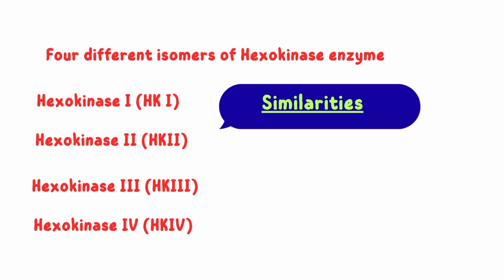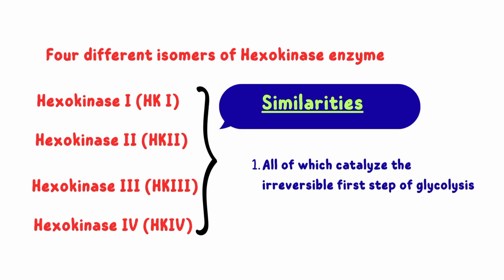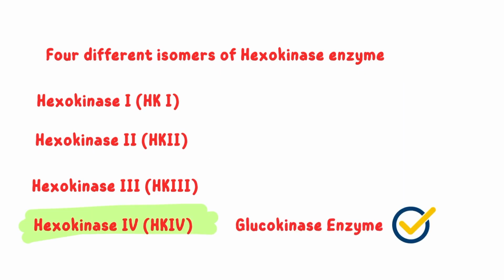The similarity of all these 4 isomers is that all of them help in catalyzing the irreversible first step of glycolysis. All of them are involved in the phosphorylation of the carbon in the 6th position of the glucose molecule. Hexokinase 4 or HK4 is also known as the glucokinase enzyme. The others are called hexokinase enzyme in general.